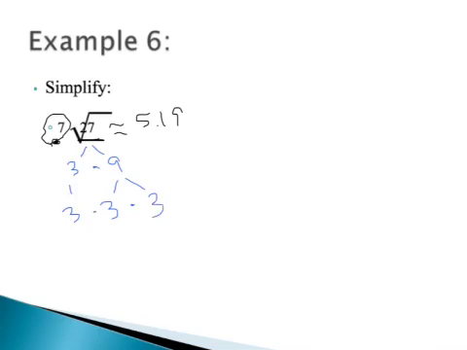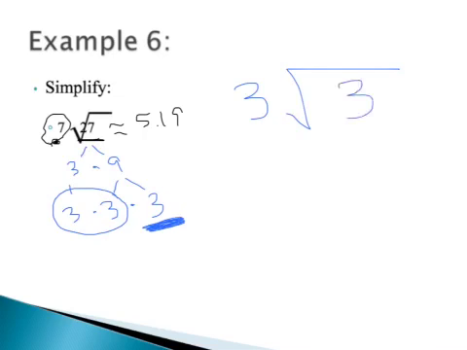So all prime numbers. Remember, you're looking for buddies. You're looking for pairs. So we have a pair of 3's with a 3 left over. So we're going to draw our house. Remember, the buddies can go out. So the pair of 3's can come out, with the underline, the leftover 3 staying in the house.